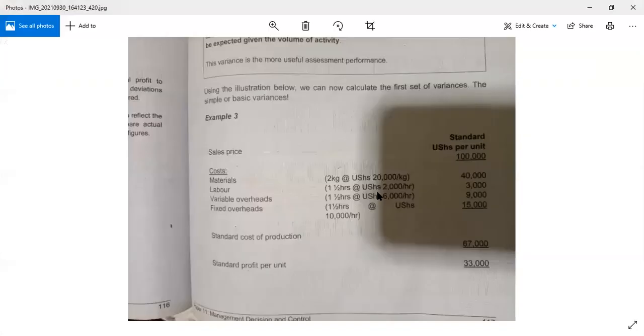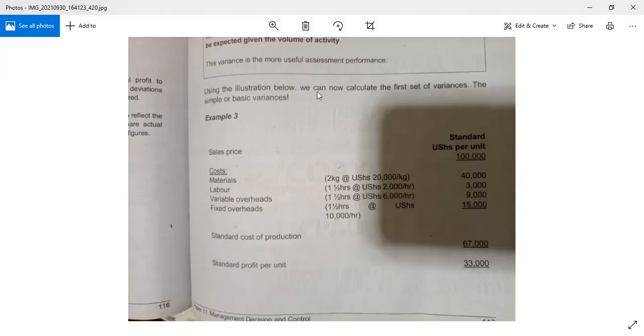So it starts from here. There's just a small shadow here, but I believe you can see the amounts. If you don't have the book, you may note some of these things, or take screenshots and then you'll be able to note them down.